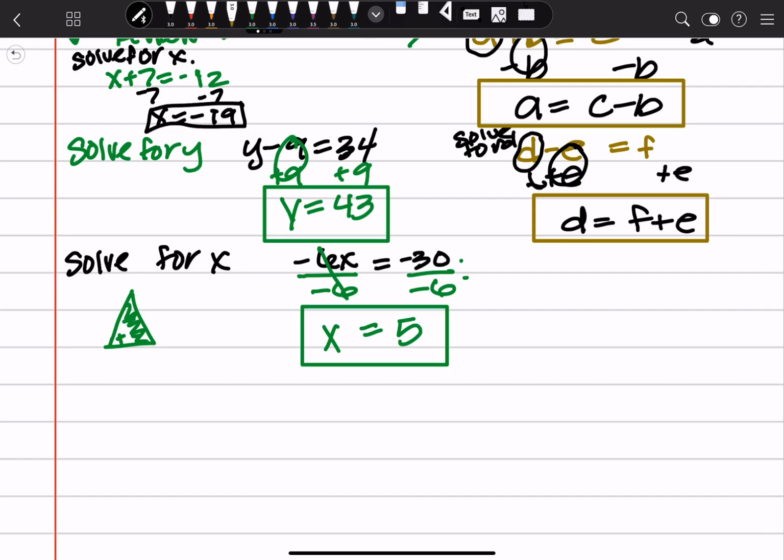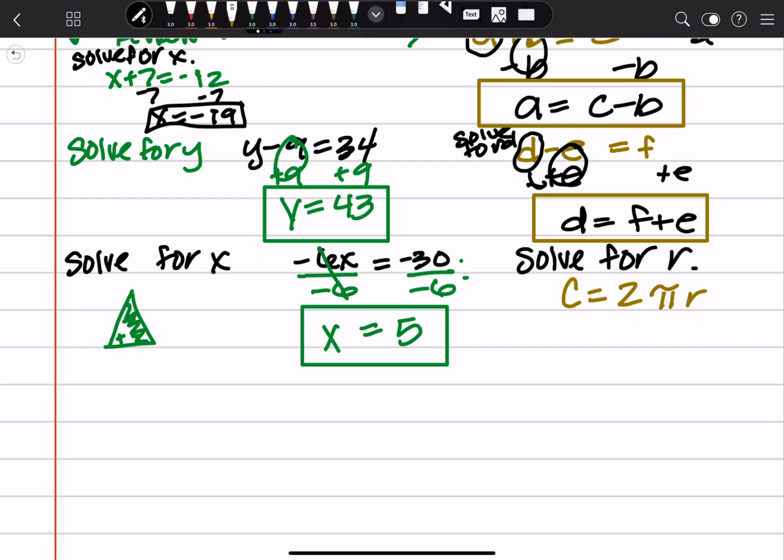All right, and this time we are being asked to solve for the letter R. Now, when you see this equation, please do not freak out. I promise you're okay. I got you. So you've got C, and that's a capital C, equals 2 pi r.